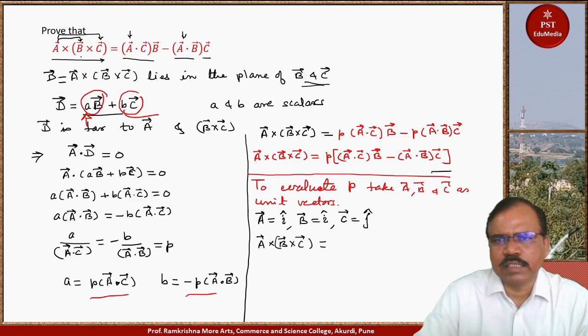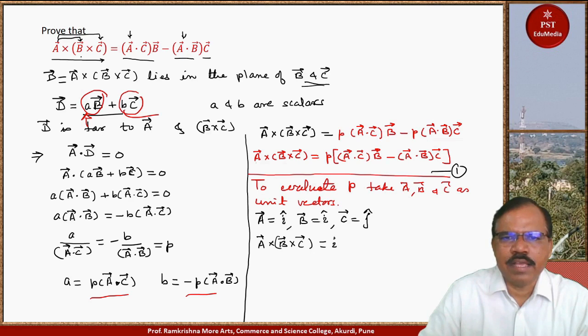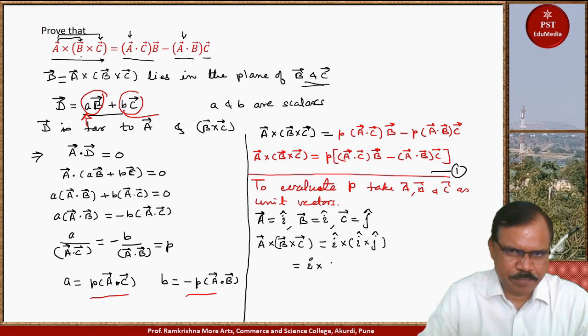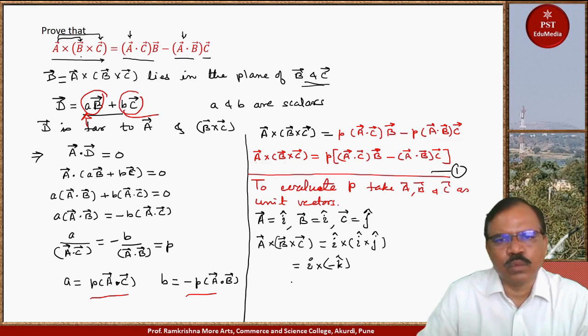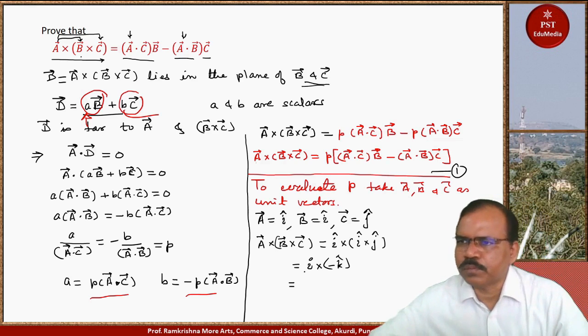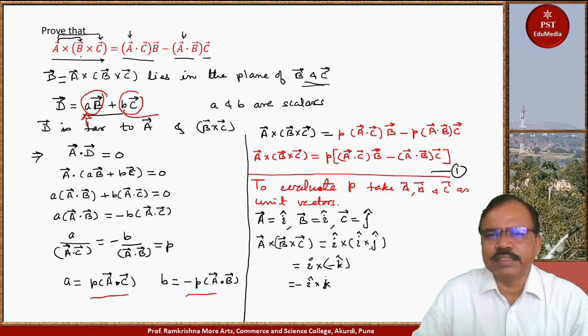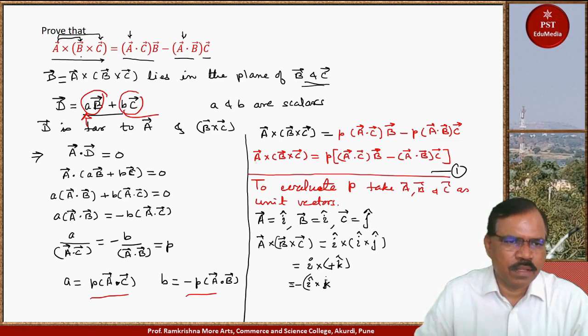Let us call this equation 1. Here I will get I cross J. Now we know I cross J is K, not minus K, and I cross K is minus J. Sorry, I will erase this.